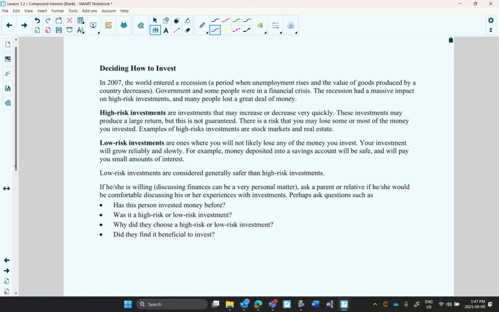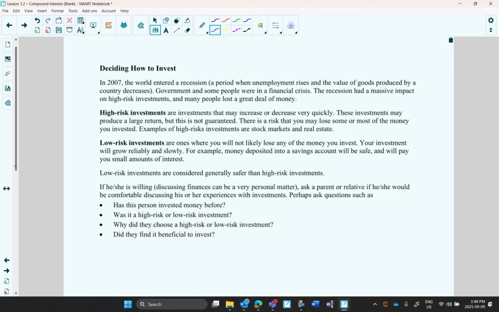High risk investments, you could get a really nice payout, but the interest rates could change dramatically. Isn't that like stocks? Yes, stock market, real estate. So if something really shoots up, your interest rate could go from like 6% to 25%. And depending on how much money you invest, that's a lot. The stock, if it has dividends.